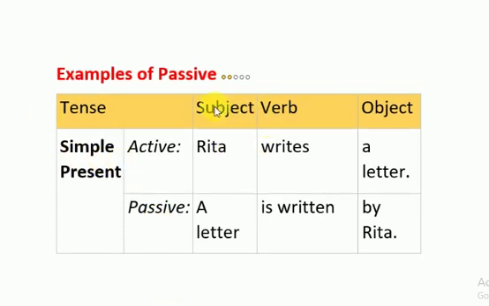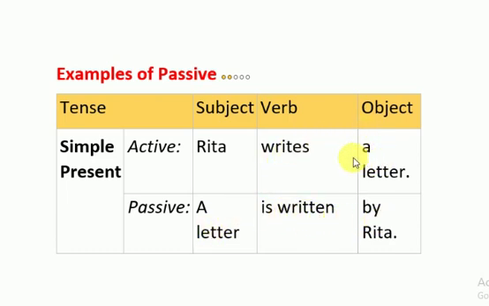I have the tense, subject, verb, object. Look at the changes. Simple present tense. So what we have in the active sentence, Rita writes a letter. This is the active. When we turn it into passive, a letter is written by Rita.